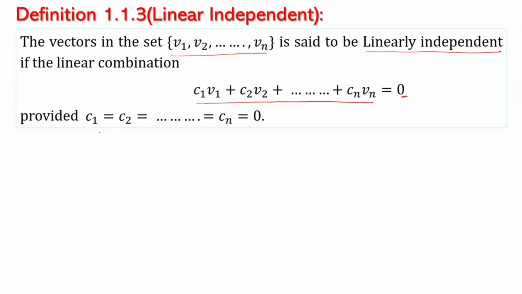If it is 0 provided all the entries c1, c2, ..., cn are 0, where this is the number 0 and this is the zero vector, then we say that this set is linearly independent.